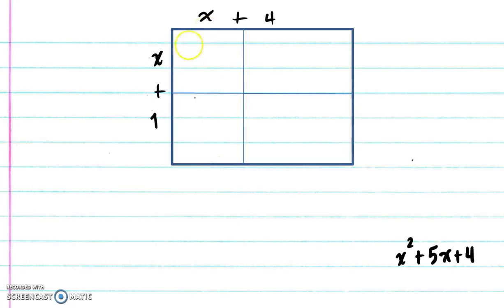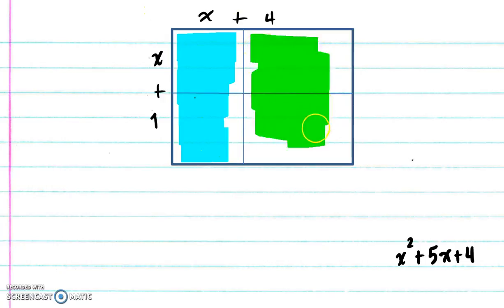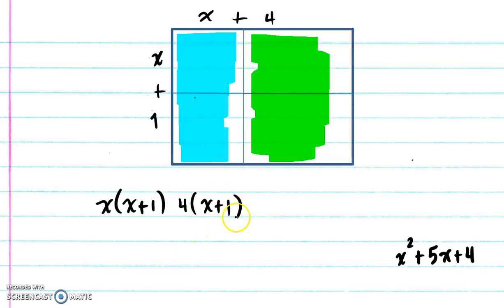Okay, now if I change my blue section to be that, my green section to be that, see if it works that way. So here we have the length is x, the width is x plus 1, and then the green section is 4 times x plus 1.